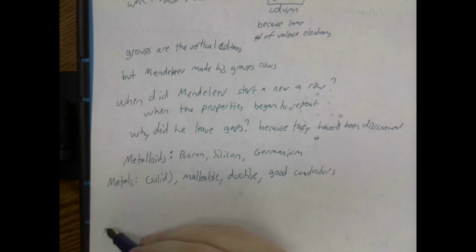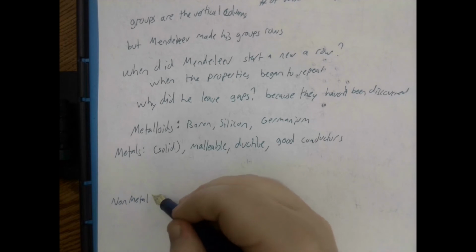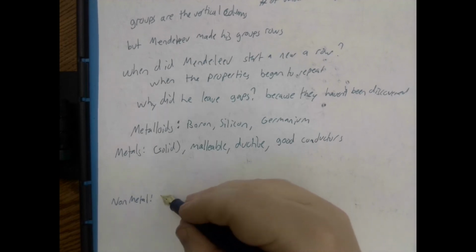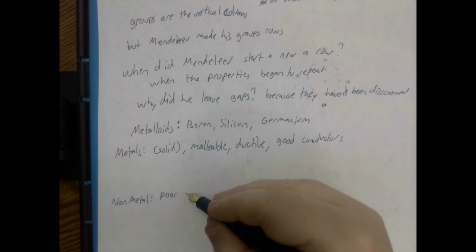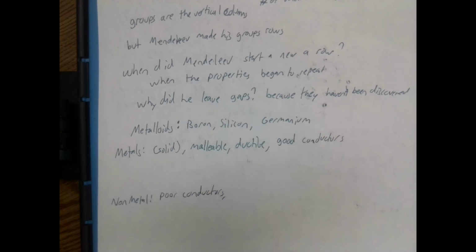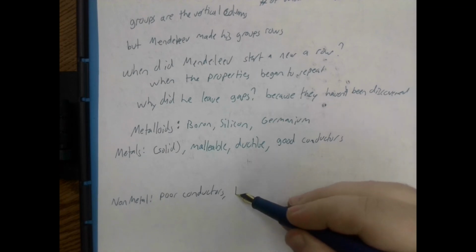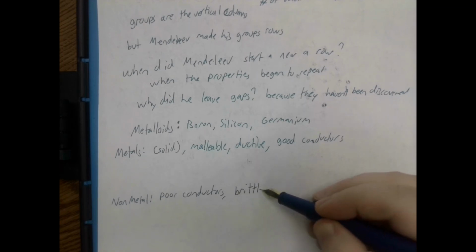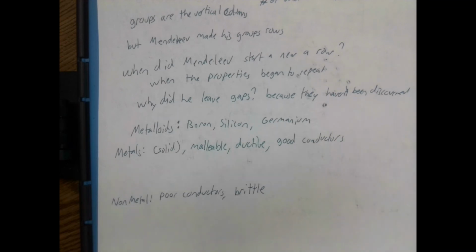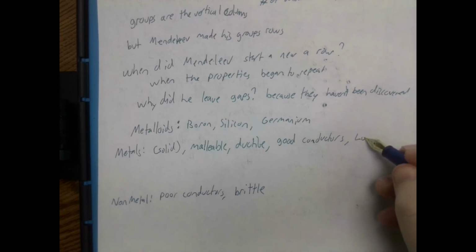What about nonmetals? So they are poor conductors. What else? What's the opposite of malleable and ductile? Brittle. Metals are also usually lustrous. What is lustrous? Shiny.